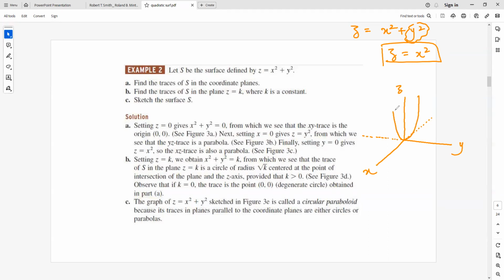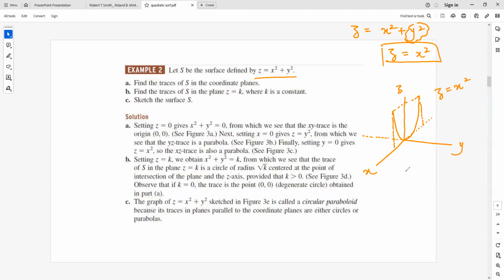It will be like this, right? We can join this here just to make it clear that it is in the zx plane, right? So it's the parabola that is z equals x squared. Now this is the trace of this surface on the zx plane.